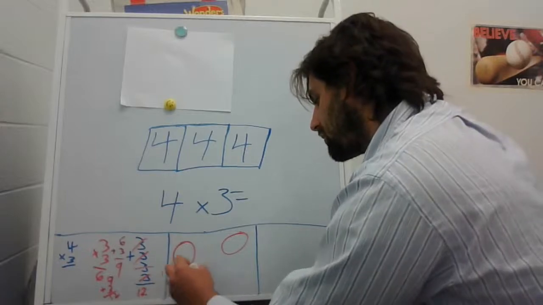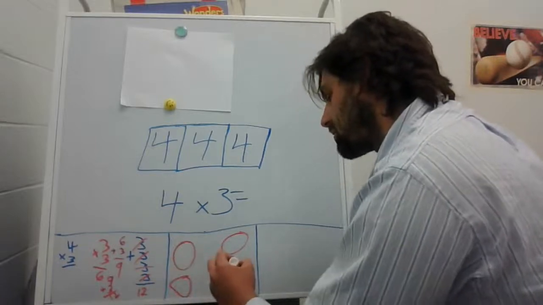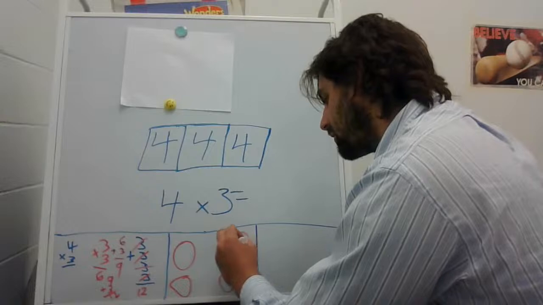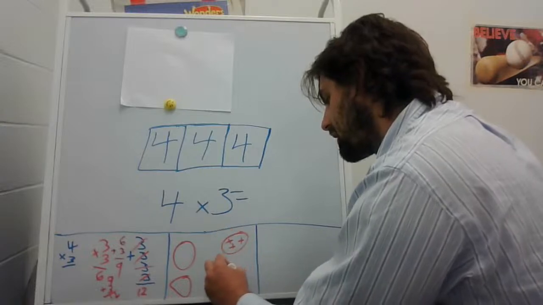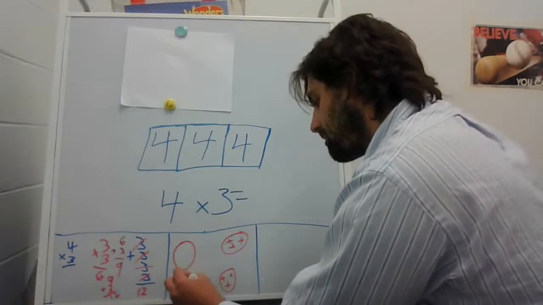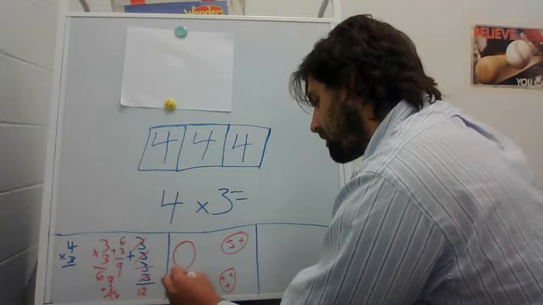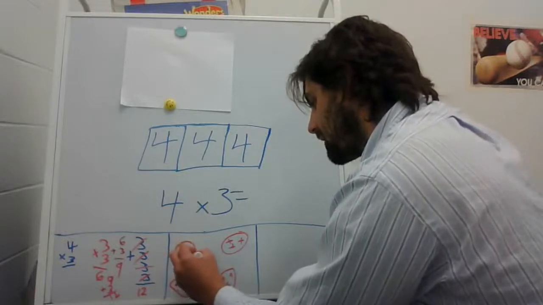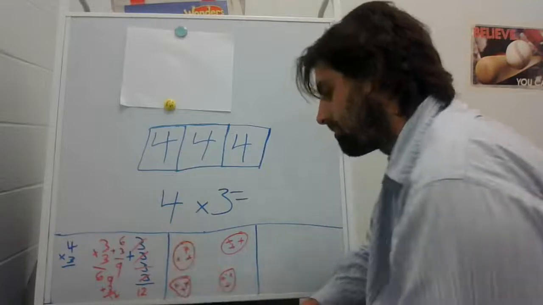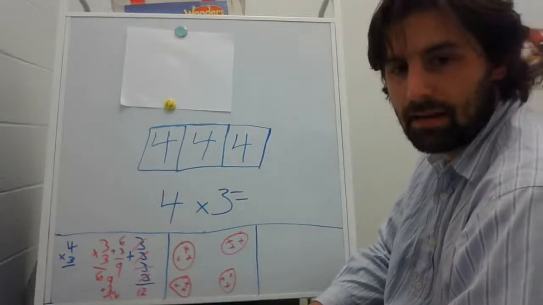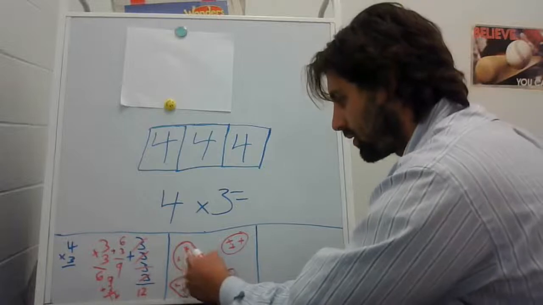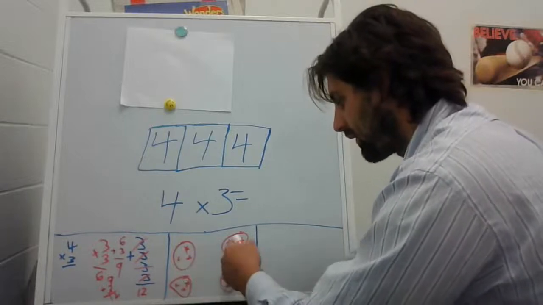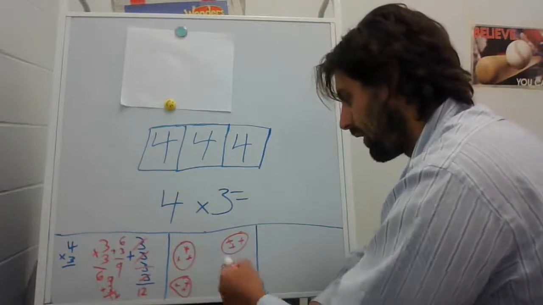So 4 circles, and then I'm going to put 3 X's in each circle. 1, 2, 3. All right, and then you count the total number of X's. So 1, 2, 3, 4, 5, 6, 7, 8, 9, 10, 11, 12.